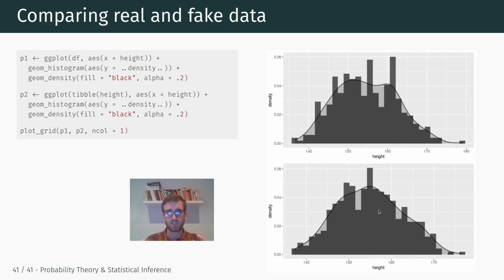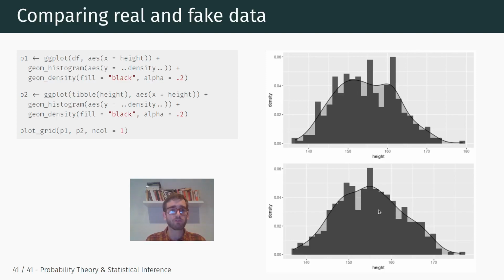So this is one key example: we have some observed data, we can assume a data generating process, assume some model, generate new fake data and compare it to the original data, and that helps us understand how appropriate our assumed data generating process and model ultimately is to understand the real world.